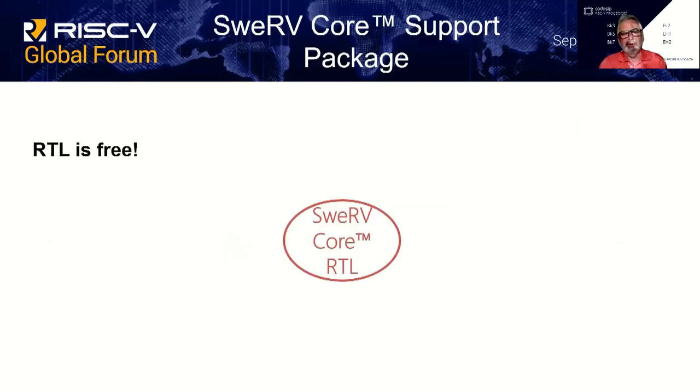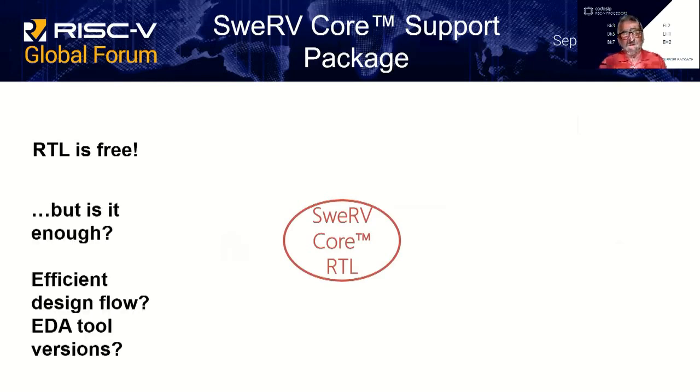So let's go back to where we started, which is the idea of open source processor RTL being free of charge. That is a tremendous benefit. But as we noted earlier, there are potentially additional costs involved in deploying it in an SoC. We need, for example, to have an efficient design flow.